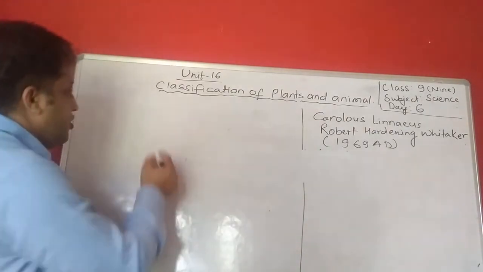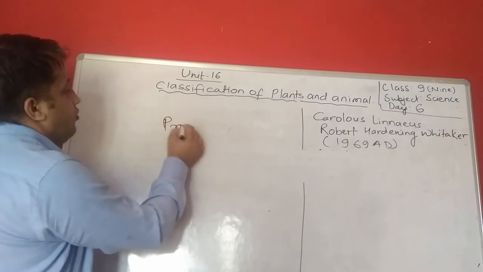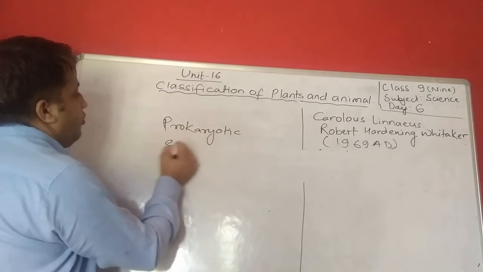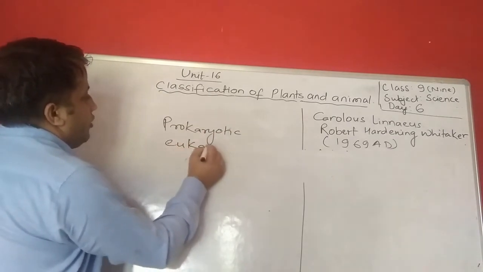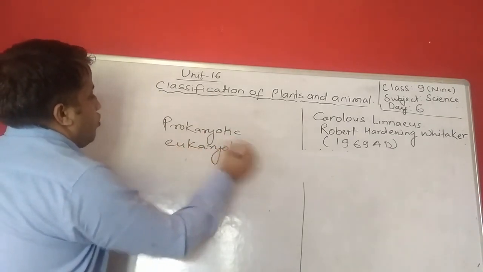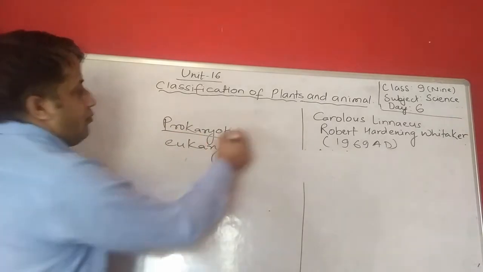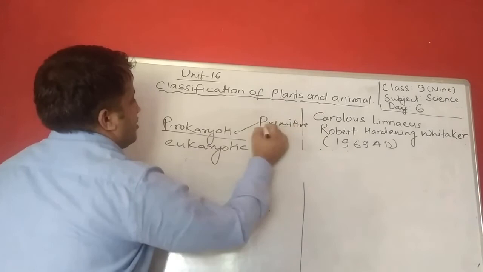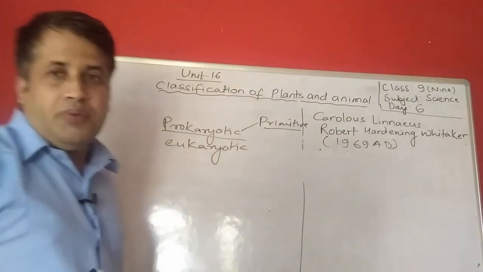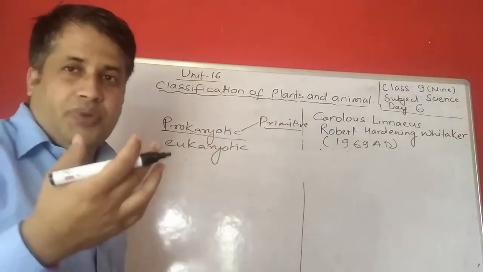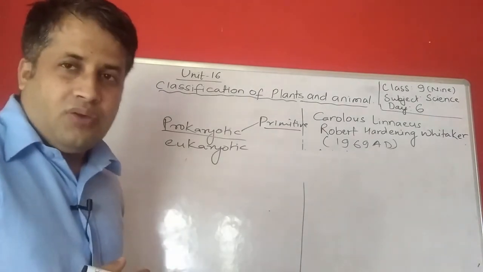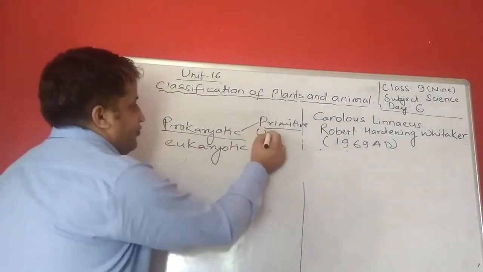First he classified the groups into prokaryotic or eukaryotic. Now, in prokaryotic, pro means primitive. Those living organisms which are very primitive, the oldest type of organisms, which are made up of only one cell.